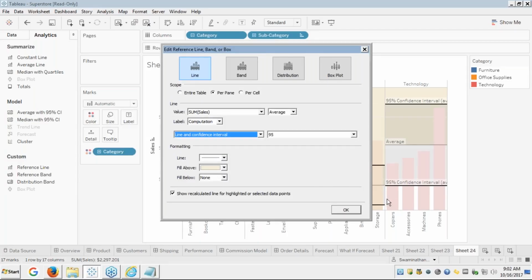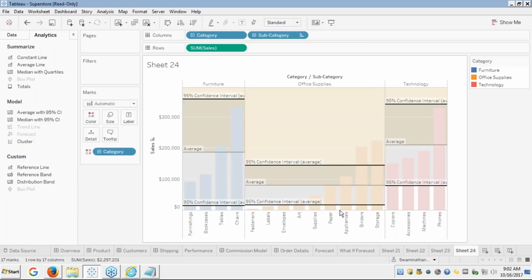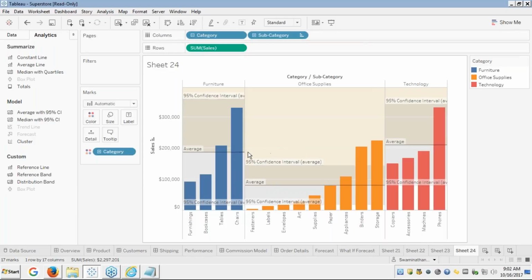Correct. So here, this confidence interval is something, Manikandan, plus or minus this particular value. Why is this above the maximum? This is what your question is, right? So there is a formula for calculating this confidence interval, Manikandan. This is plus or minus a certain value to this average. So for example, if the total value is something like this, this confidence interval basically tells you plus or minus a certain value here.